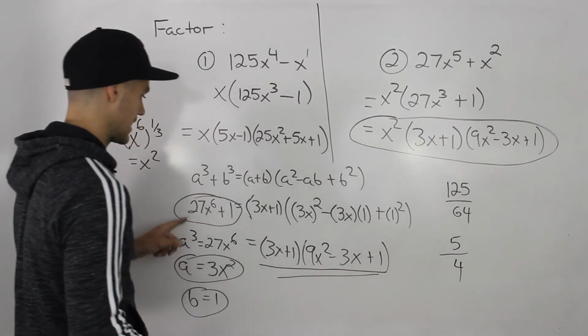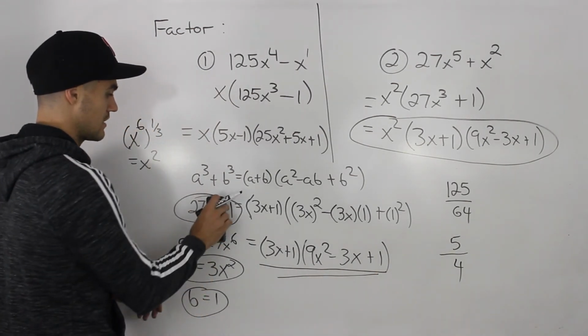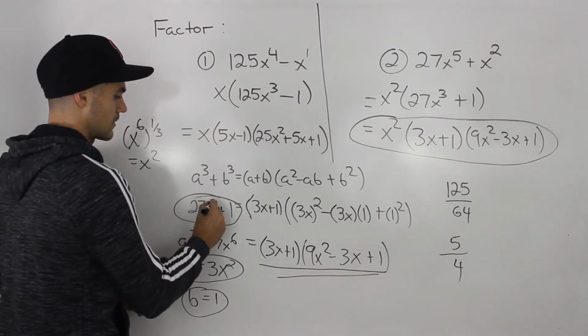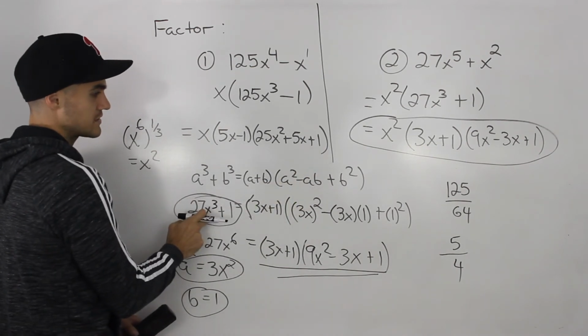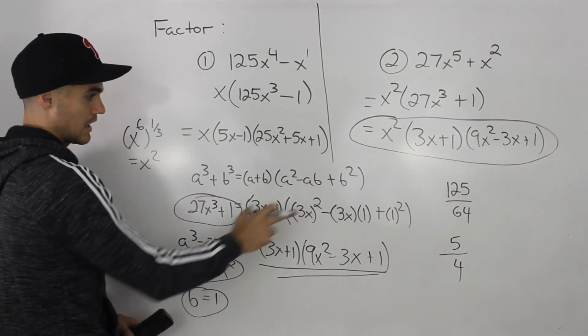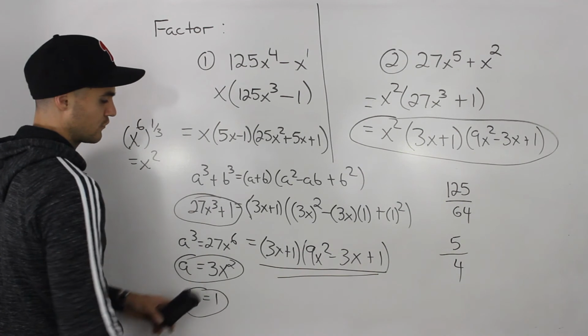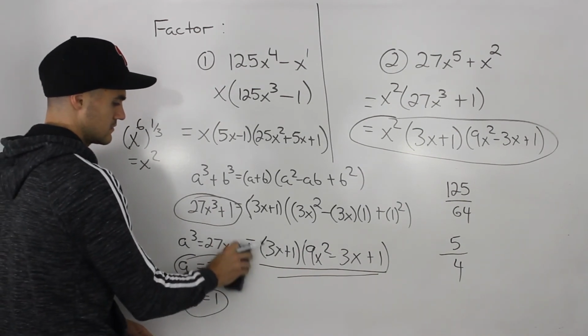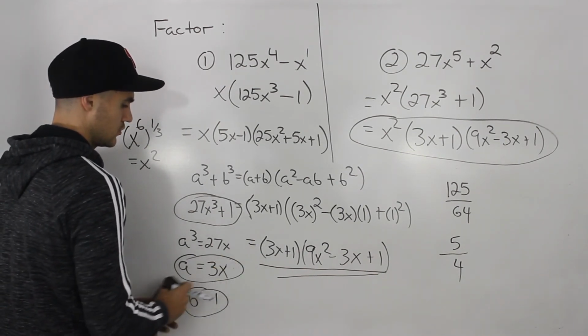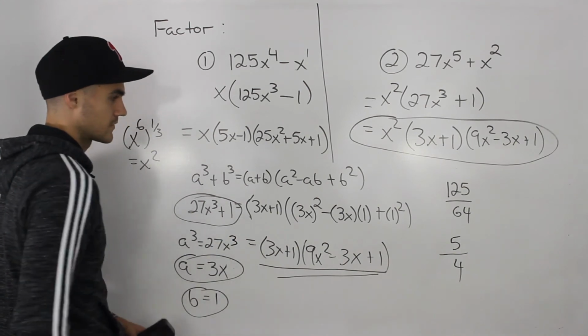So if this was 125 over 64x cubed, then your a value would be 5 over 4x. So let me just go back to what we had originally.